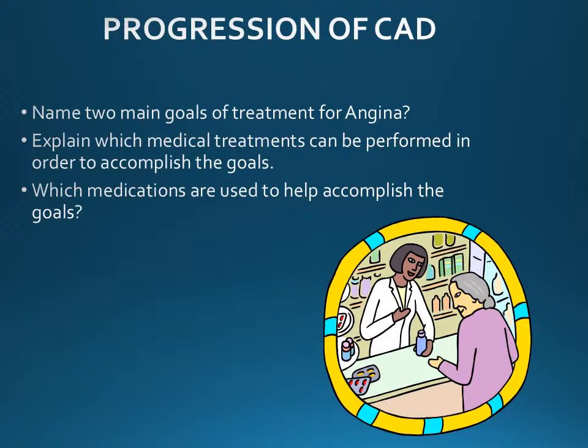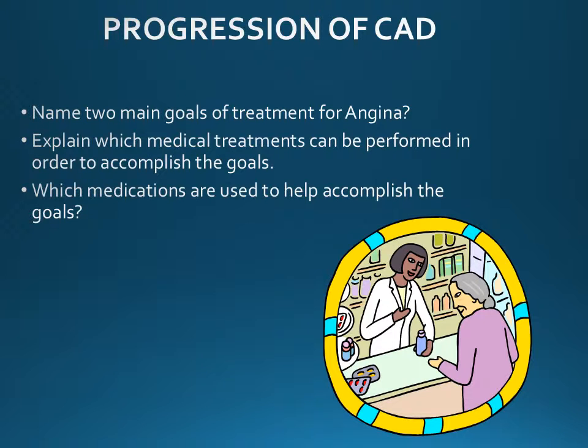Medications that may be ordered for the treatment of angina include nitroglycerin to vasodilate the coronary arteries, beta blockers to slow the heart rate and allow for a longer diastole and thus longer time to perfuse the coronary arteries.